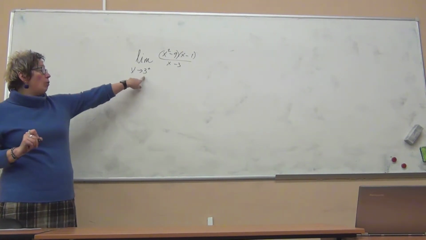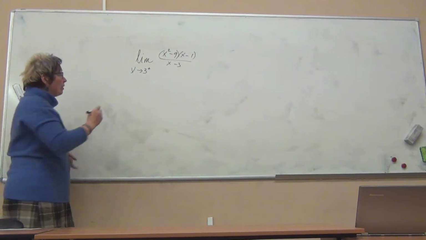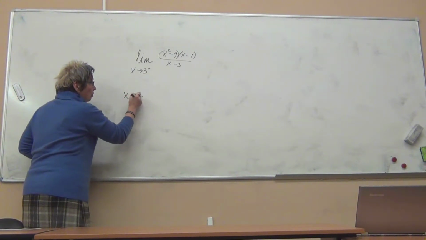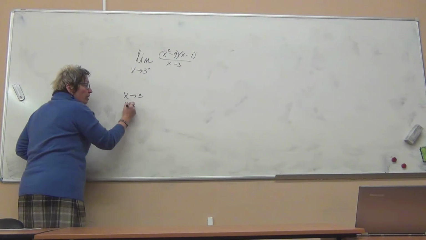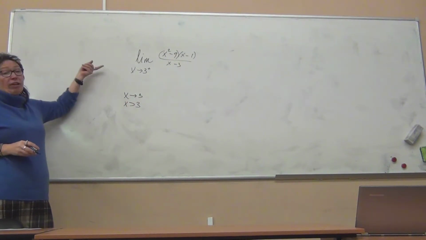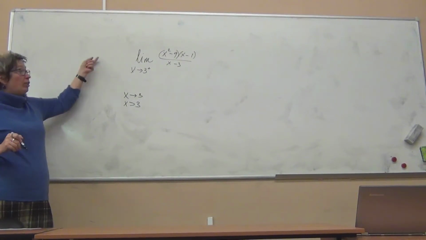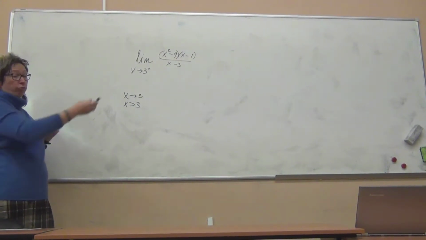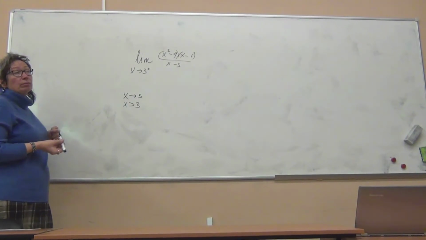X tends towards 3 plus means x tends towards 3, but x stays greater than 3, so from the right-hand side. This is called the right-hand limit, the limit from the right-hand side.